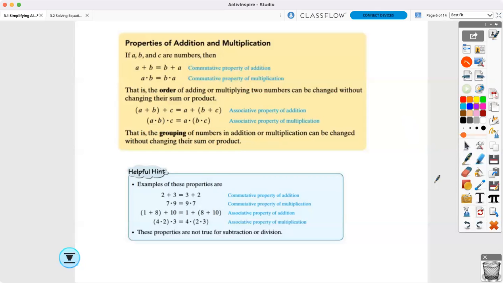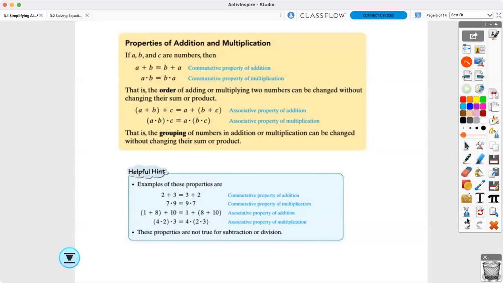Now, while you guys are writing this, this is the commutative property of adding and multiplying. Let's see if subtracting is commutative. Is 7 minus 3 the same thing as 3 minus 7, class? No, it isn't. So they're not commutative.